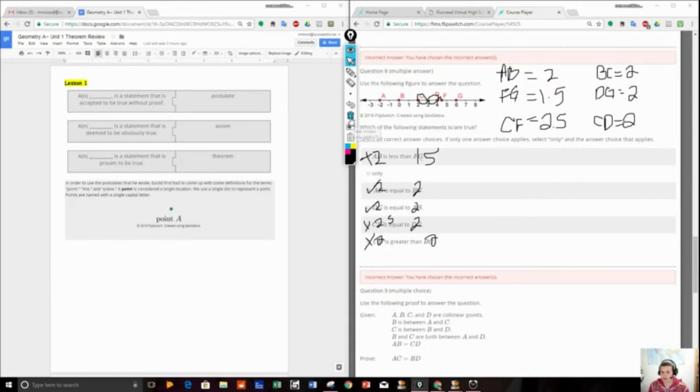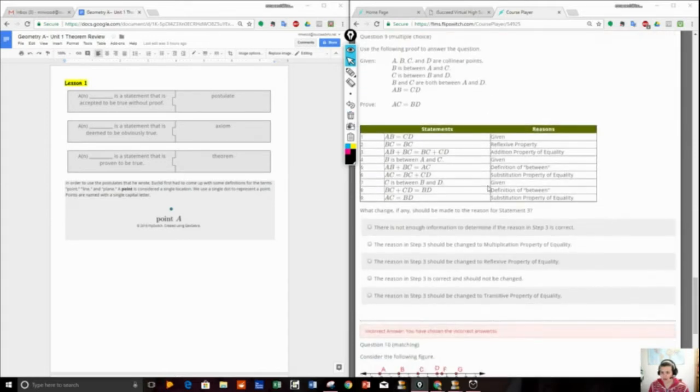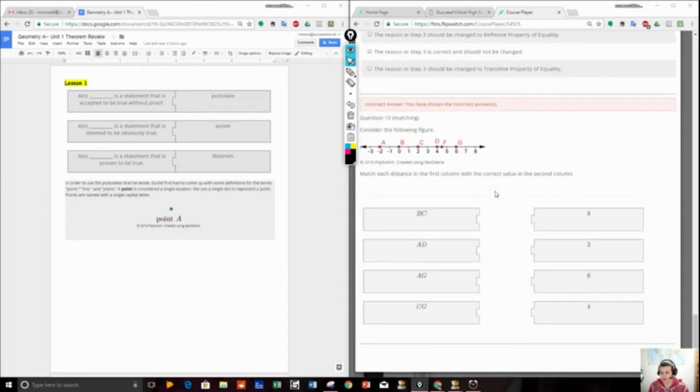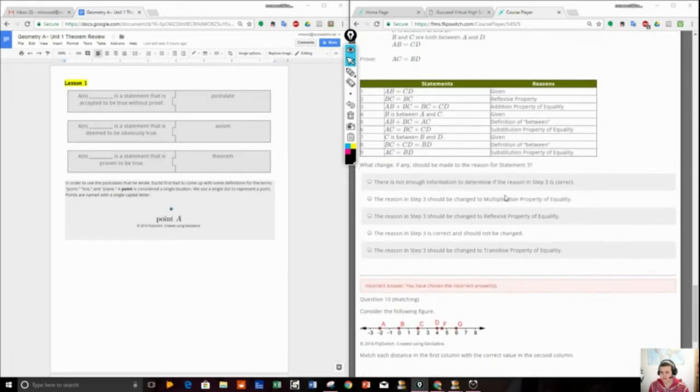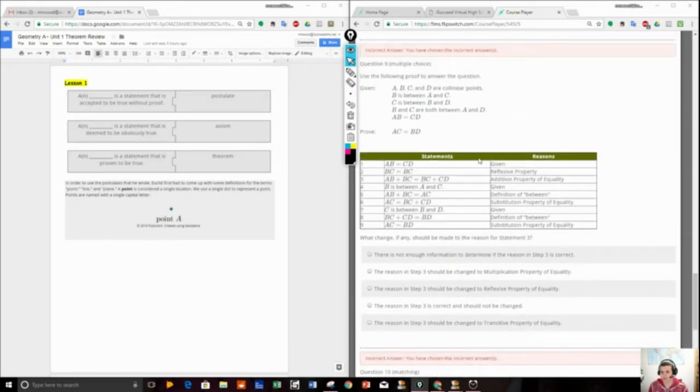And I'm going to do question 9 because it is the proof. So use the following proof to answer the question. Given A, B, C, and D are collinear points, B is between AC. So I have this line.